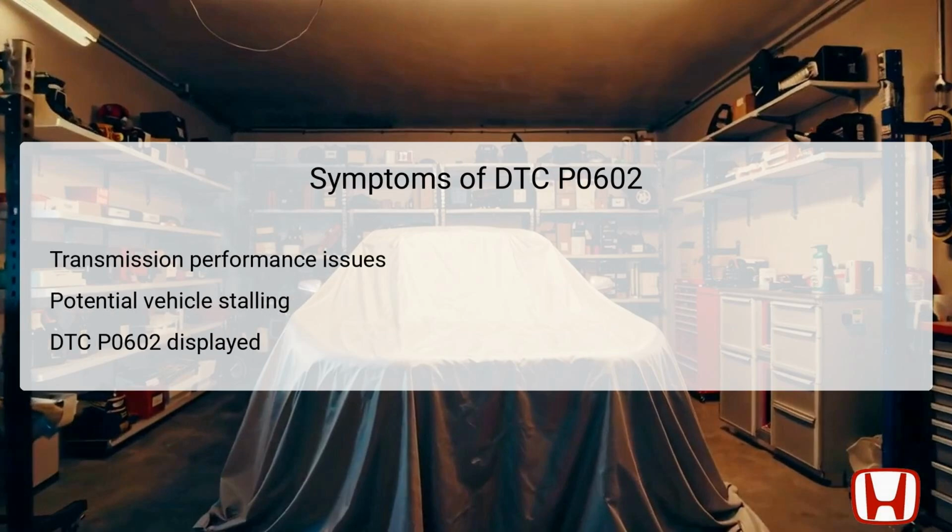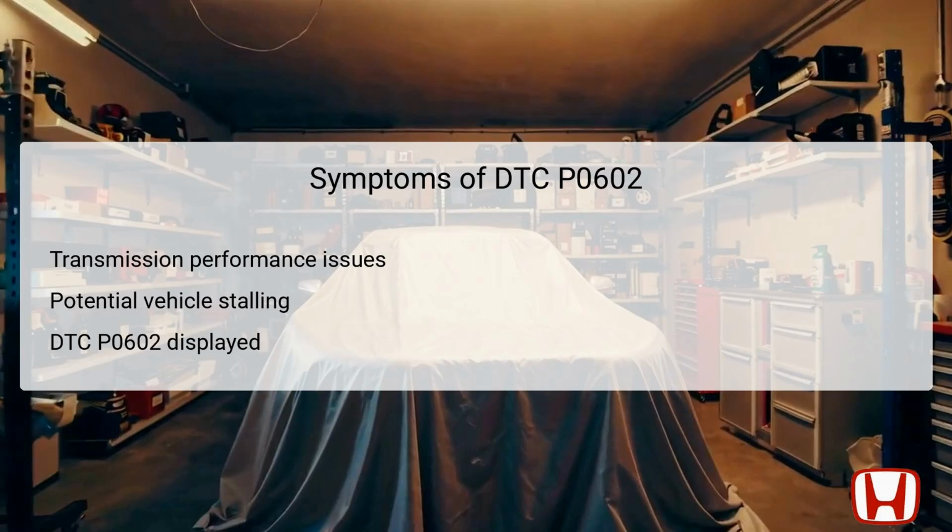When DTC P0602 is triggered, drivers may experience various symptoms that indicate transmission-related issues. One common symptom might be a noticeable degradation in transmission performance, leading to harder shifts or irregular shifting patterns. Additionally, the vehicle may exhibit stalling behaviors, especially during acceleration, as the TCM struggles to manage the transmission effectively.